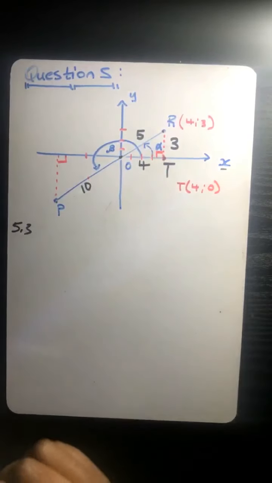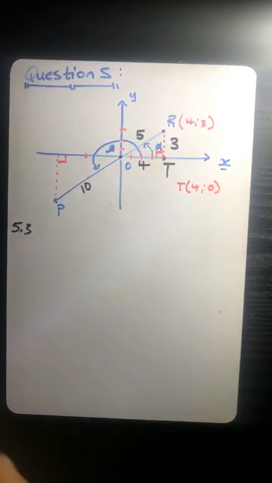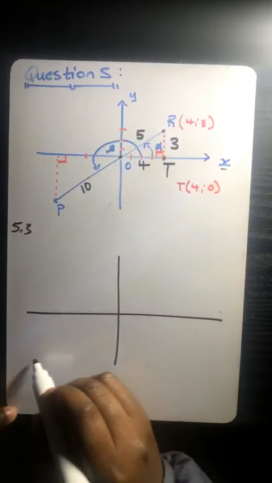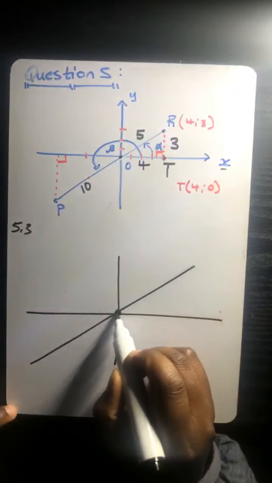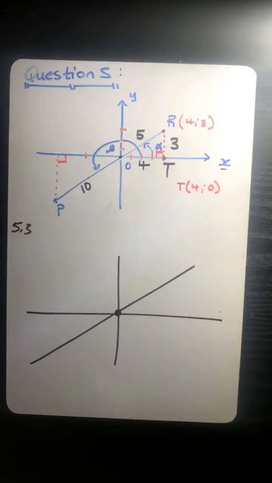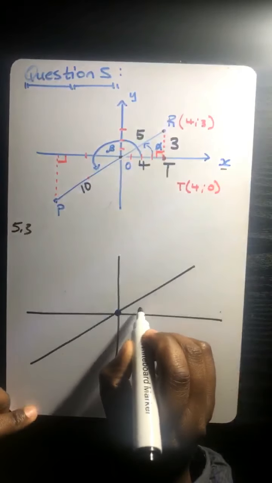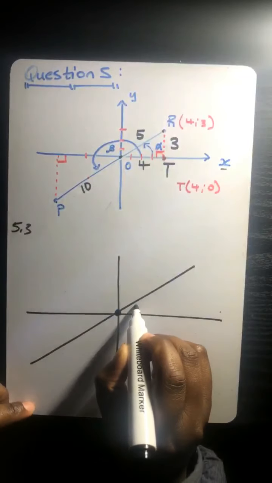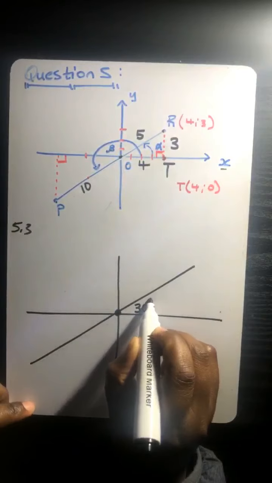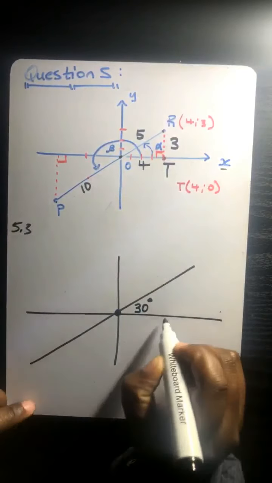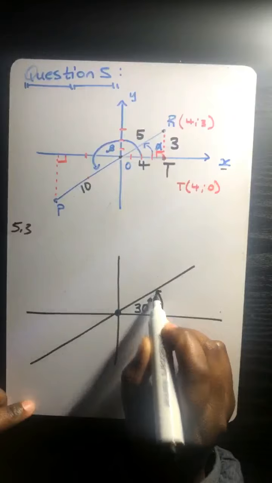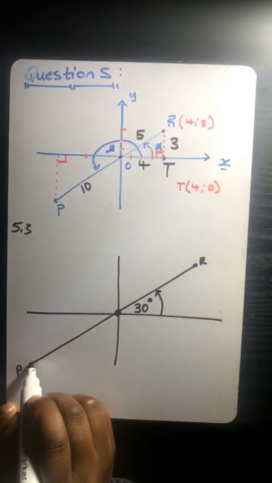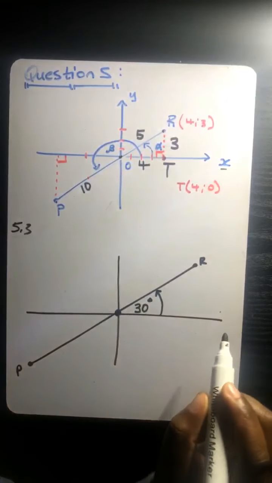But I need you guys to notice something very important. Let me try to redraw that and maybe draw this straight line. Let's say there is a straight line, guys. You tell me, for some reason, good people, let's say this angle here is 30 degrees. Maybe, let's say this is R and this is P. I just want to open your minds.